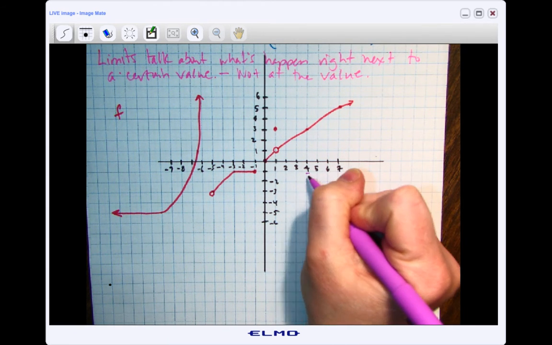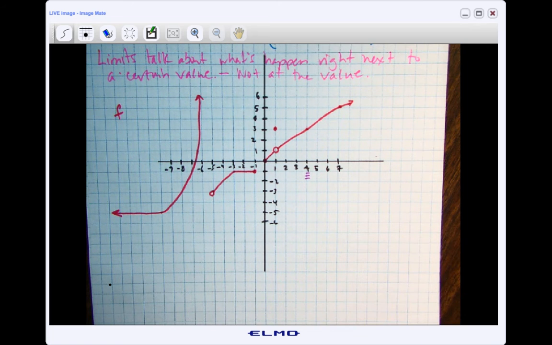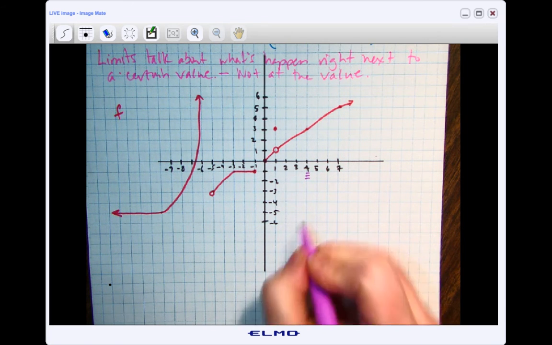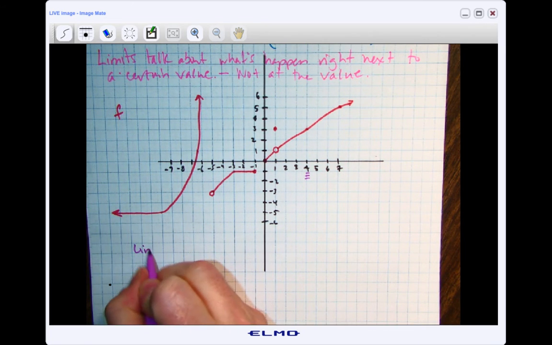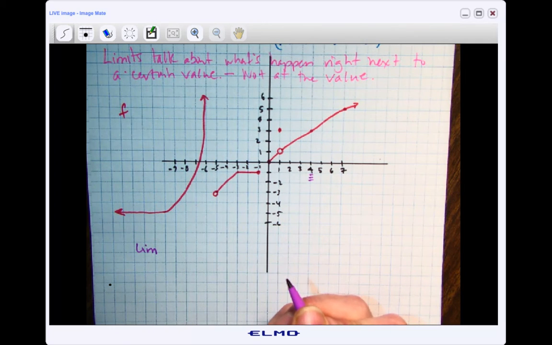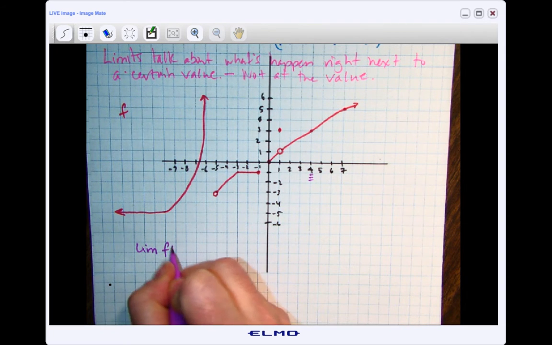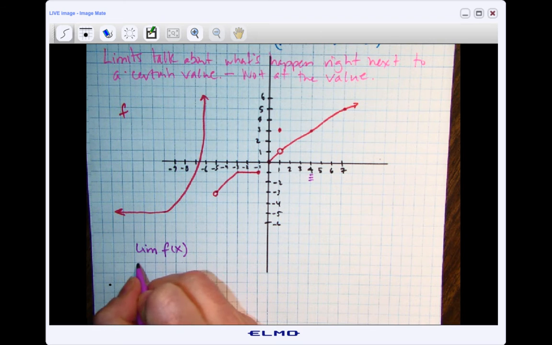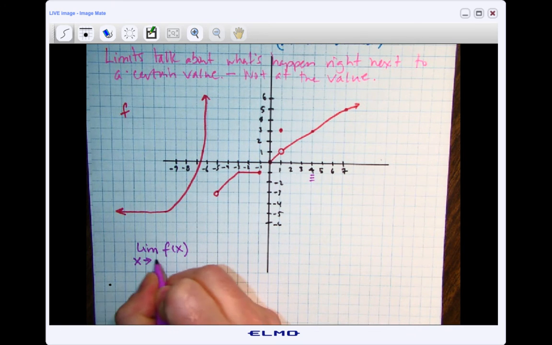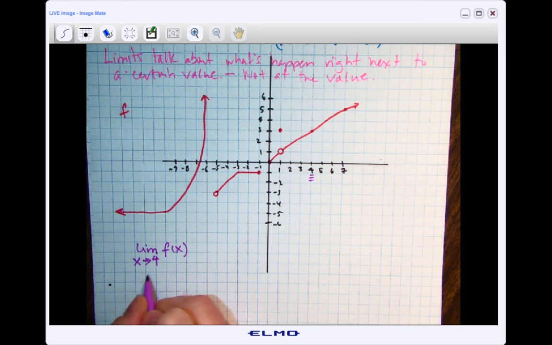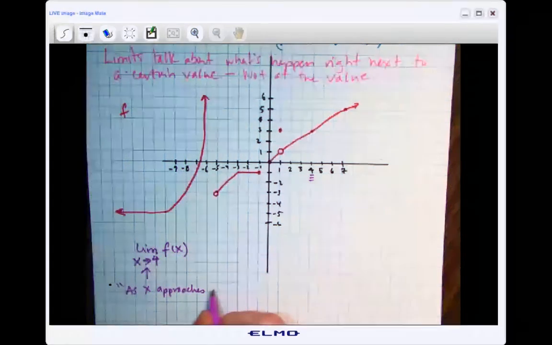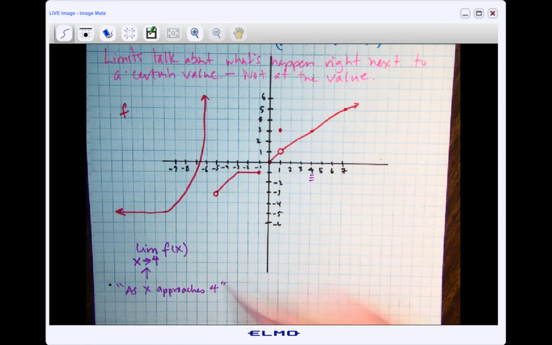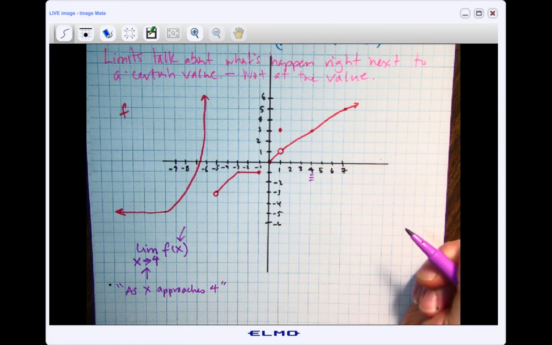Let's start with 4. The way that I would ask the question is, what is the limit of f of x as x approaches 4? This is our little notation for the limit. This part tells me what function I'm talking about.